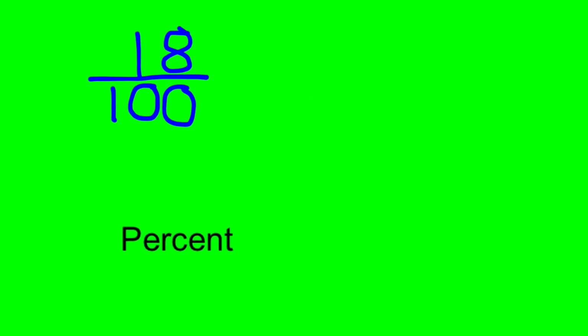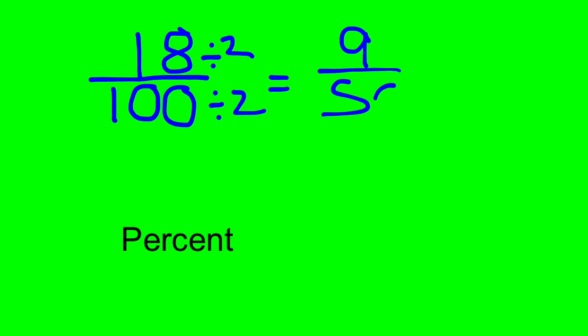So 18 out of 100. Now, what I've been encouraging the kids to do is see if they can get their fractions in simplest form. Well, both 18 and 100 are divisible by 2. So we can divide the numerator by 2 and the denominator by 2, and we get 9 over 50. And we also already know that percent means a fraction out of 100, so the percent will be 18%.